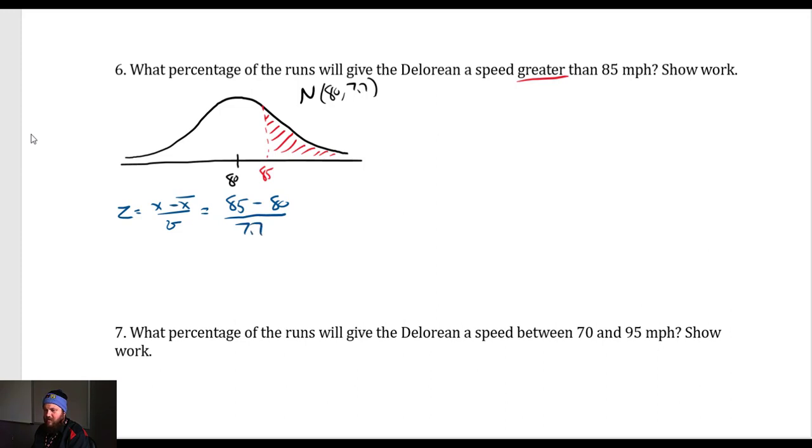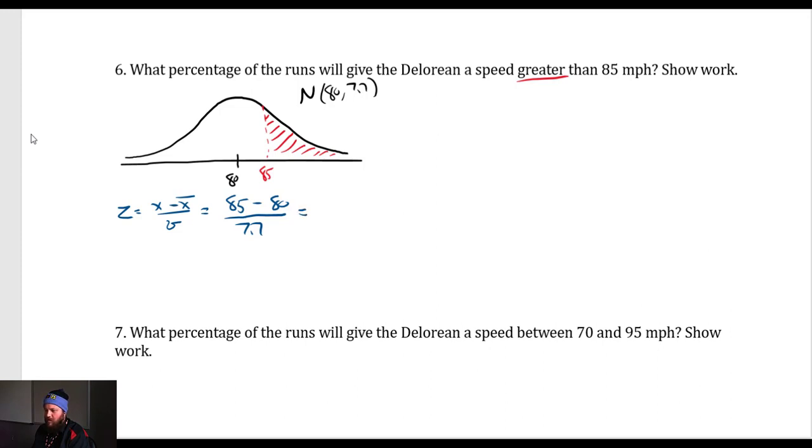Of course we should get a positive number, because 85 is greater than the mean. That's one way to make sure you're lining up the numbers correctly. If you mistakenly put the 80 first and got a negative value, that should be a big red flag. We should have a positive z-score.